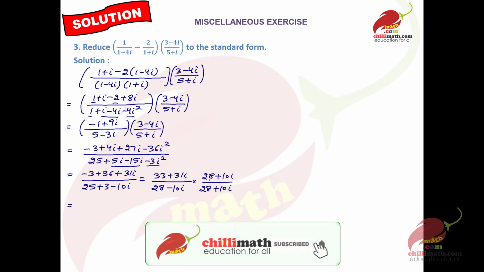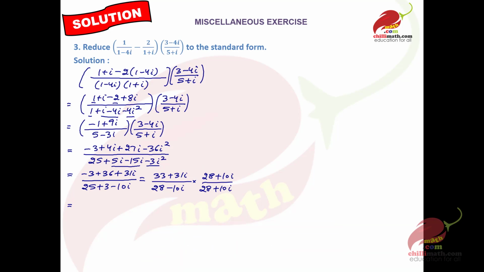Now multiplying this, 33 into 28, we get 924, plus 33 into 10 is 330 iota, plus 31 into 28 is 868 iota, plus 31 into 10 is 310 iota square, over, this is a minus b into a plus b, which is a square minus b square.